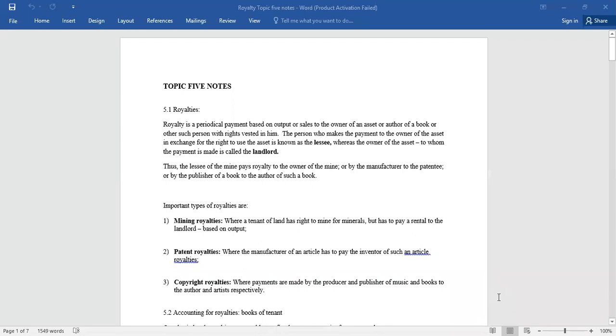We call the contract the lease. After the duration of the lease expires, or the duration of the patent expires, you stop using that particular asset.